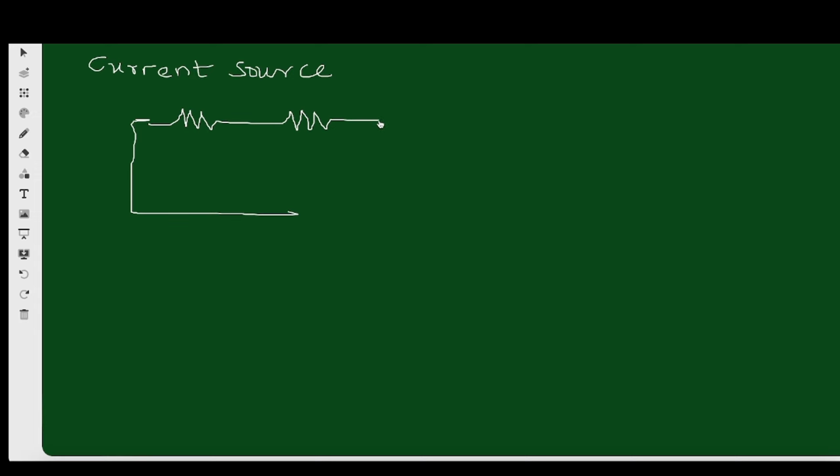For the current source contribution, we short the voltage source, right? Then we have 2 kilo ohms here, 3 kilo ohms here, then 1 kilo ohm. Then we have the current source here.